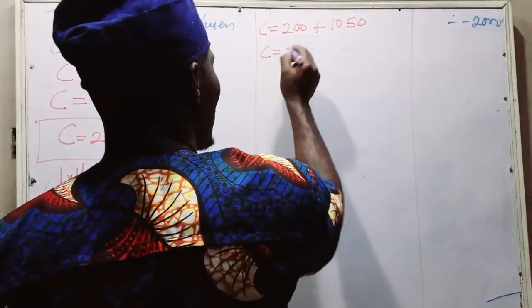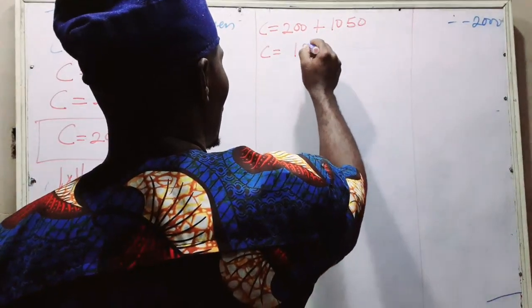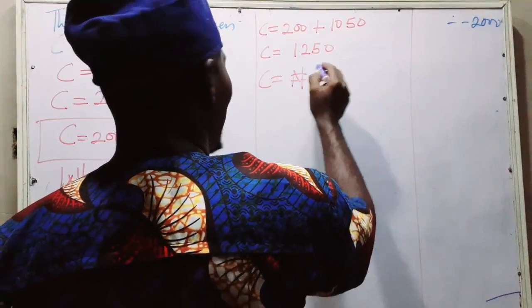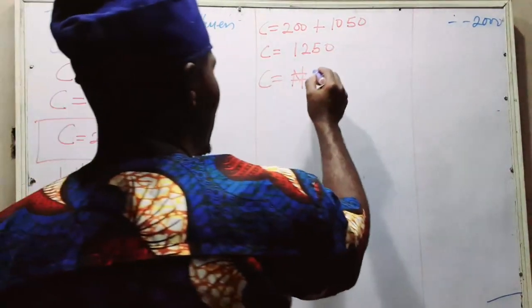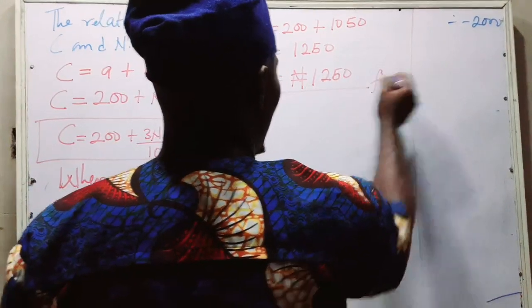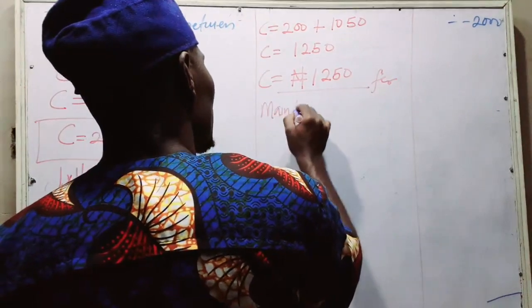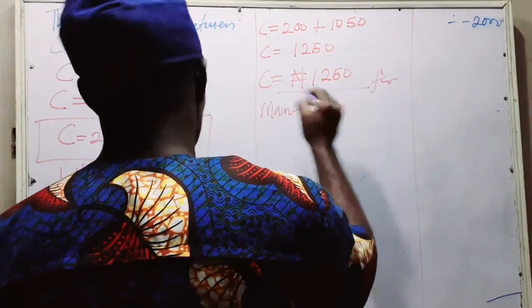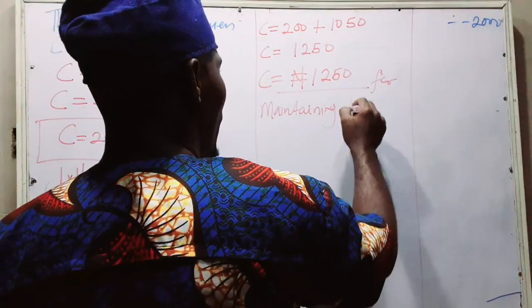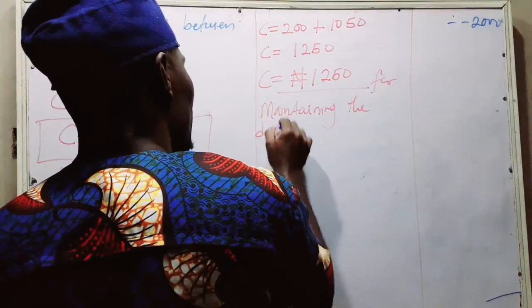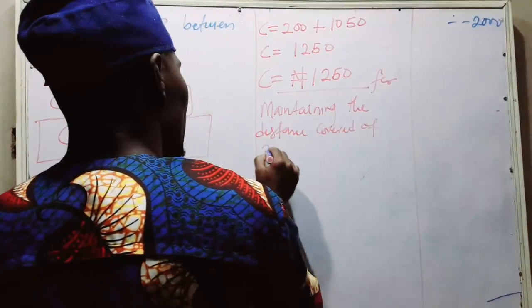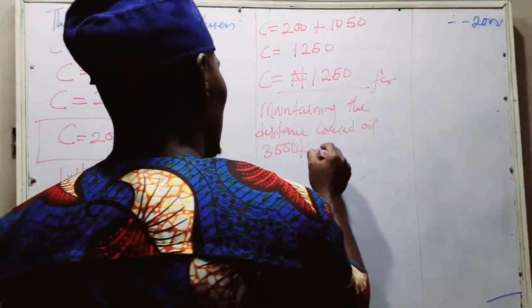So the cost will now be 1,250. Representing it in Naira, the cost of maintaining a distance of 3,500 kilometers is 1,250 Naira.